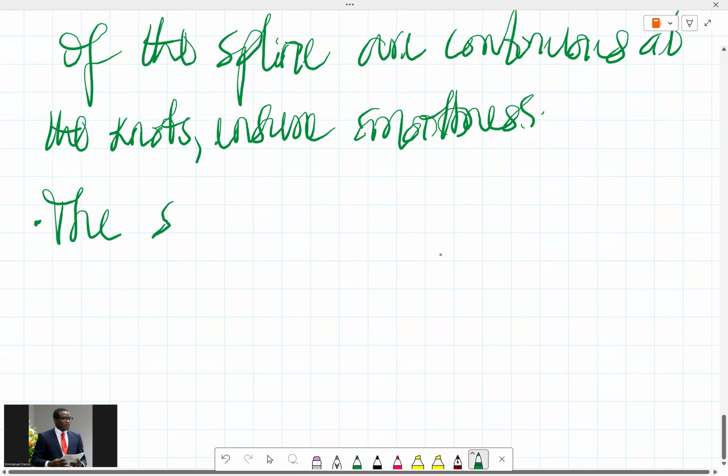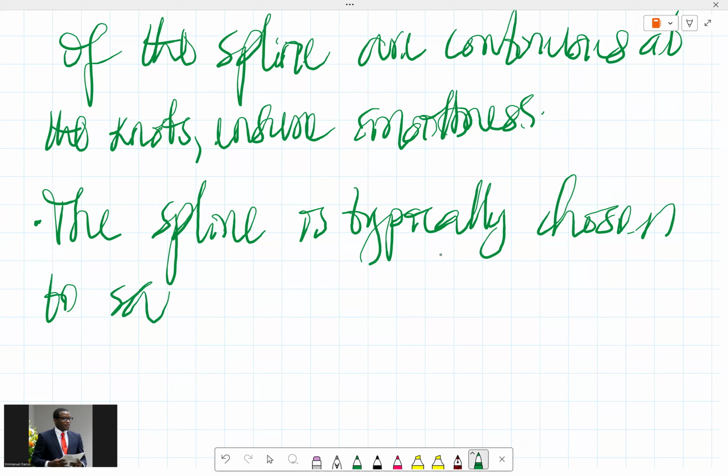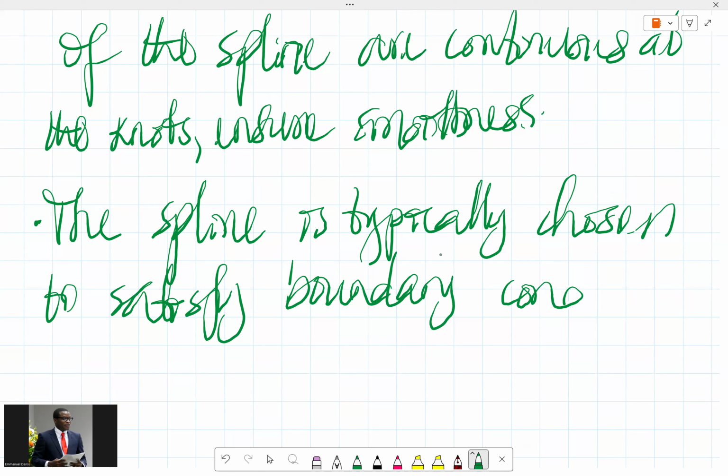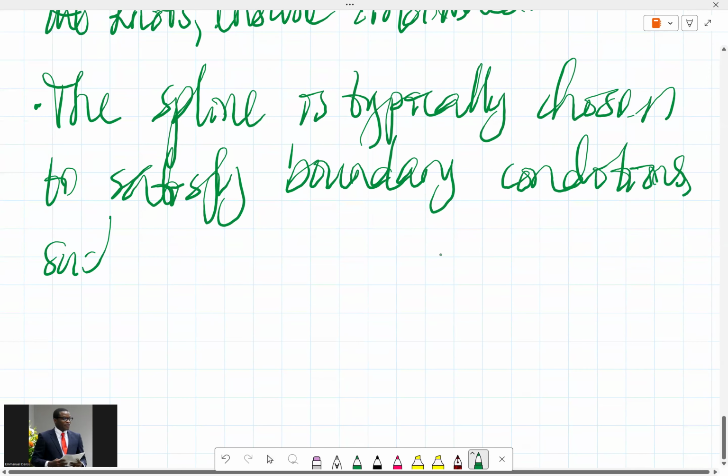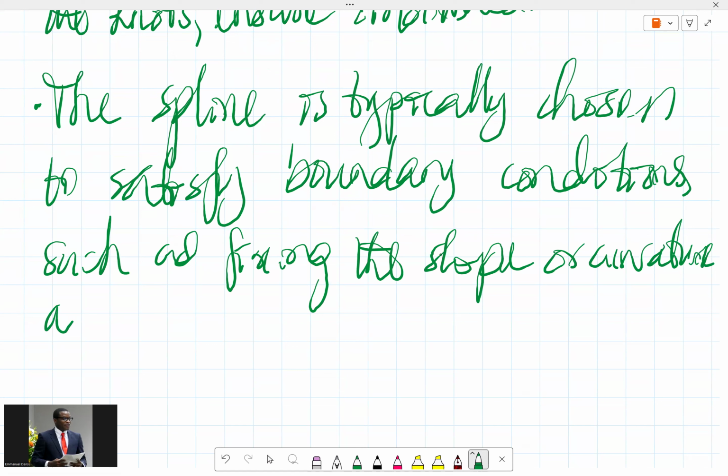So the spline is typically chosen to satisfy boundary conditions, such as fixing the slope or curvature at the endpoints.